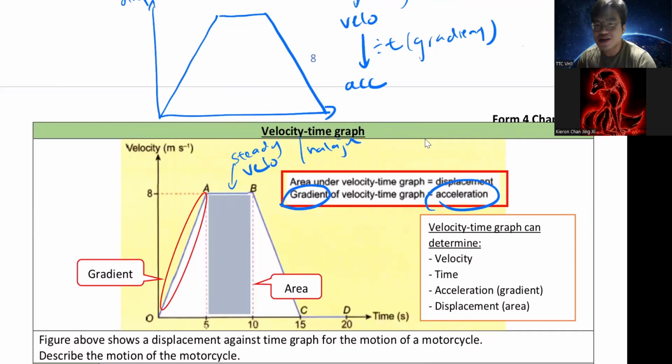Am I becoming any faster or slower, any change in my speed? I'm not changing my speed, isn't it? My acceleration, my pecutan, is zero, but I am still moving forward.